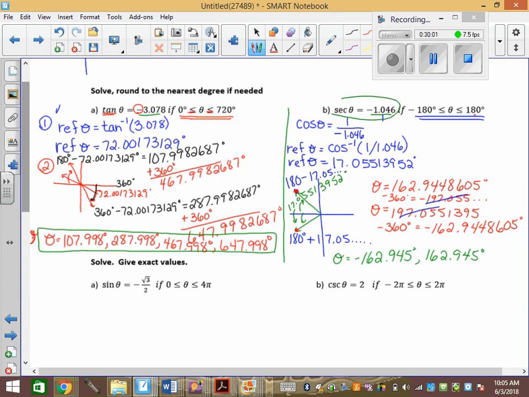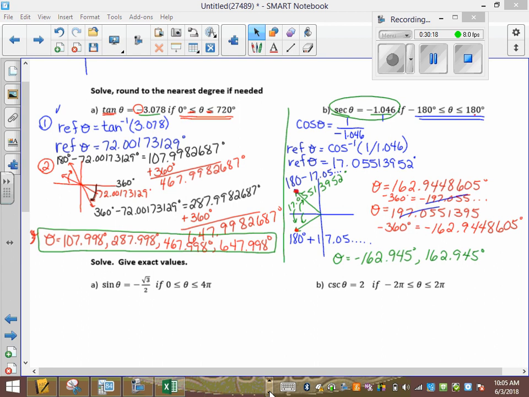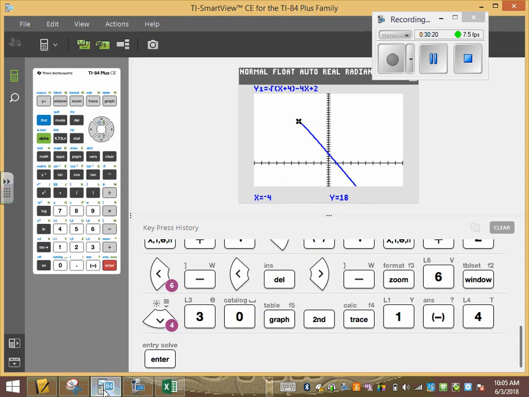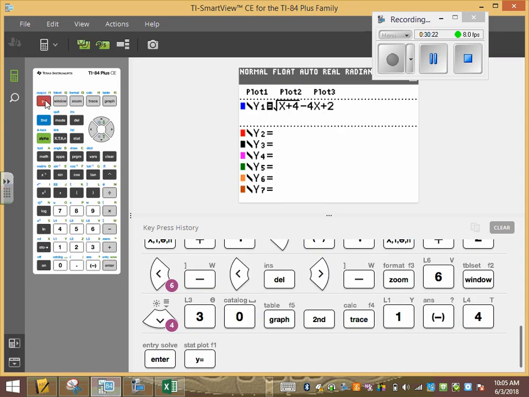Now remember, you guys, look at this. This is an equation: secant theta equals negative 1.046. It's an equation with an equal sign, right? If I have an equation with an equal sign, I can type it into my calculator.